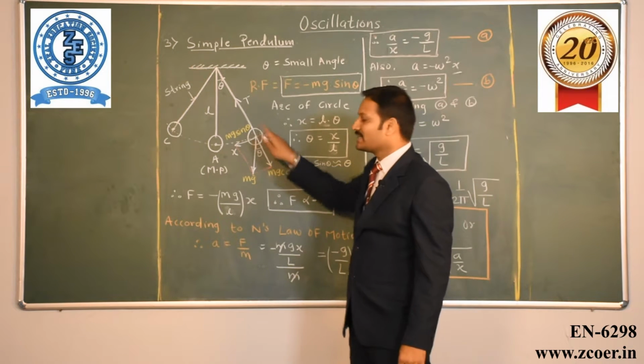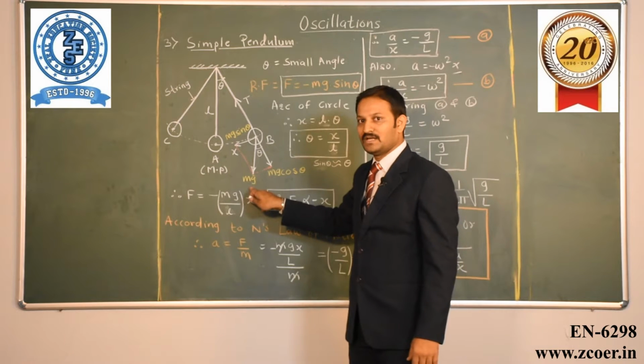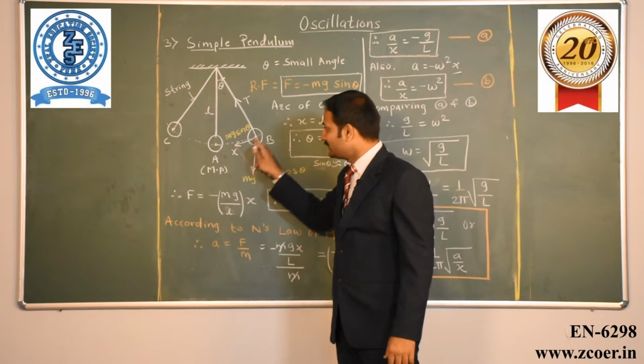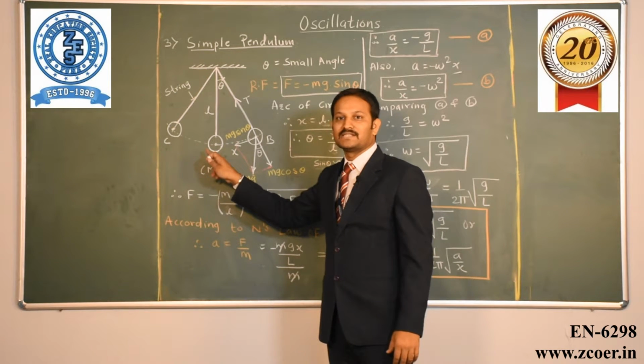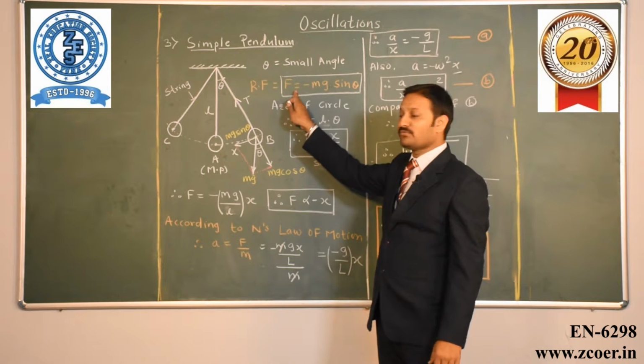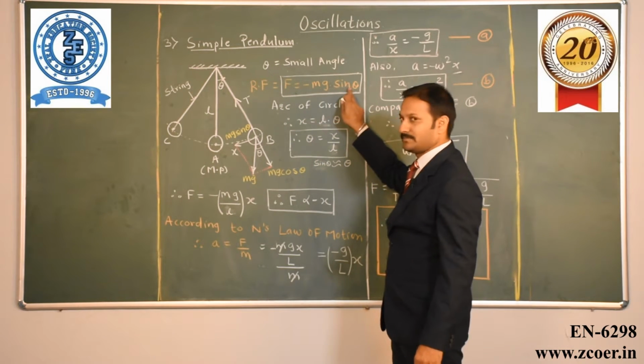So, tension cancels out the mg cos theta component of mg. Now, the remaining part is mg sin theta, which is acting in the mean position direction. So, your spring force, or we can say restoring force F, is equal to minus mg sin theta.